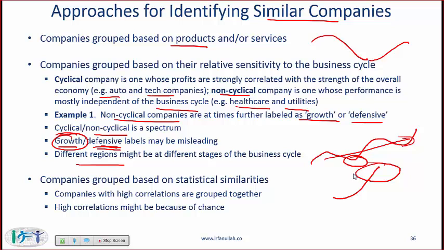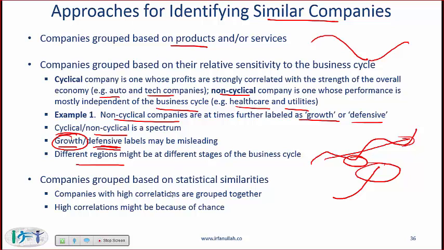So if you take a cyclical industry like the auto industry, the fact that it is cyclical is not going to help you too much here, because one part of the world is booming, the other part of the world is slowing down.